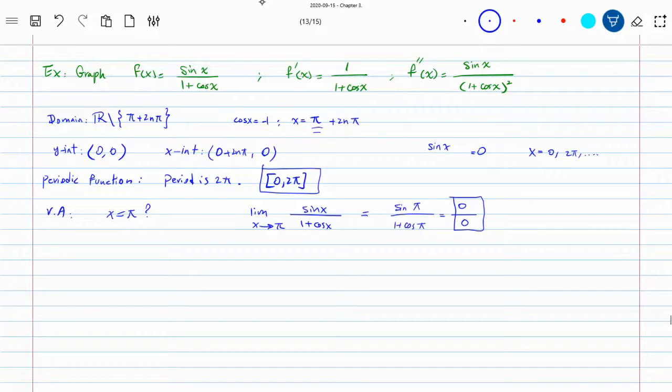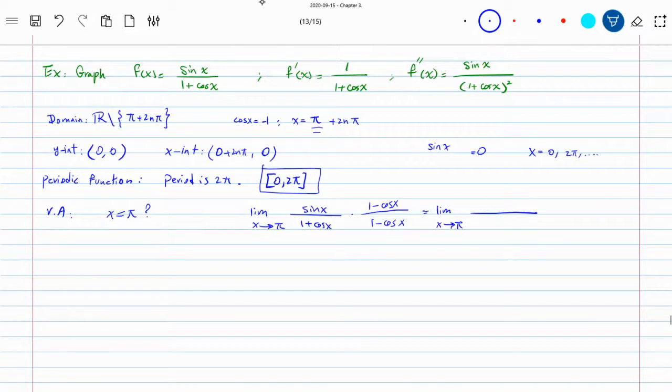Not really, because this means you can simplify the function, sine x over 1 plus cosine x. So instead of doing this, I'm going to simplify the function first. I'm going to multiply by 1 minus cosine x. You may ask me, why do I do this? I'm going to show you the trick.